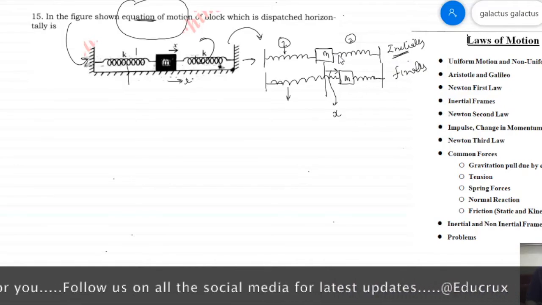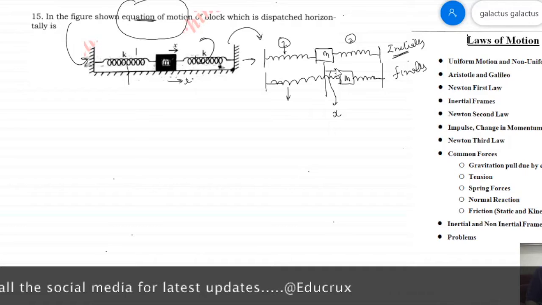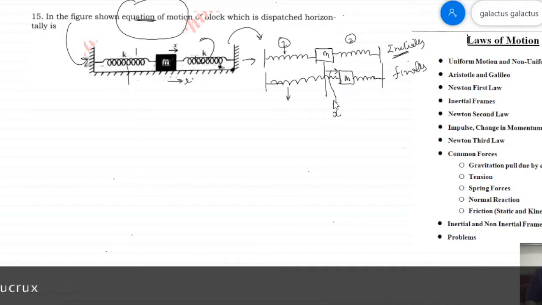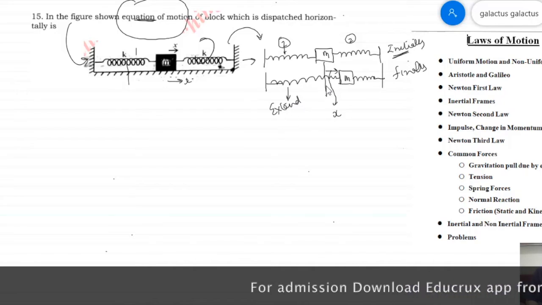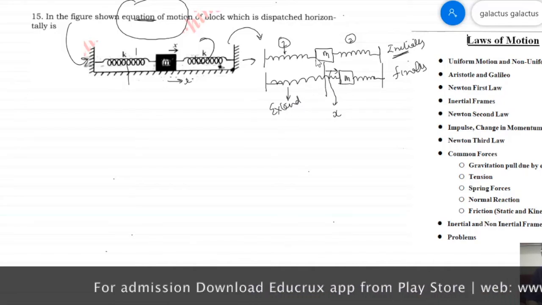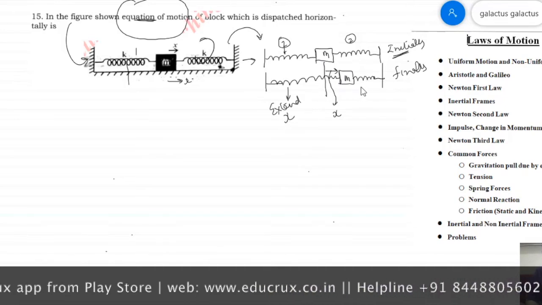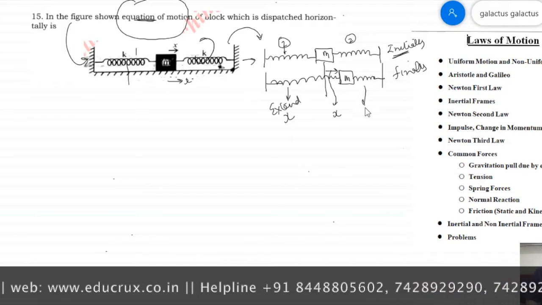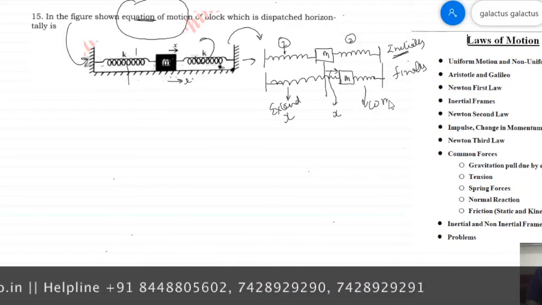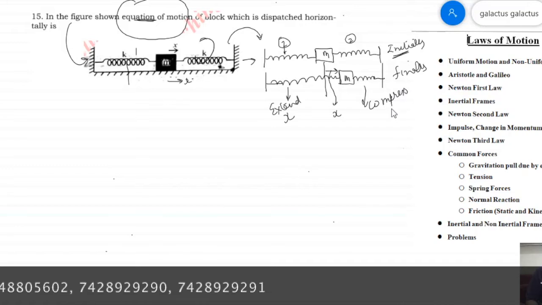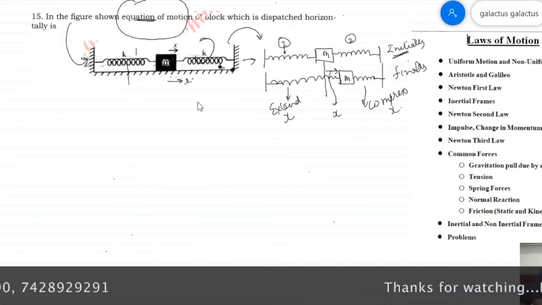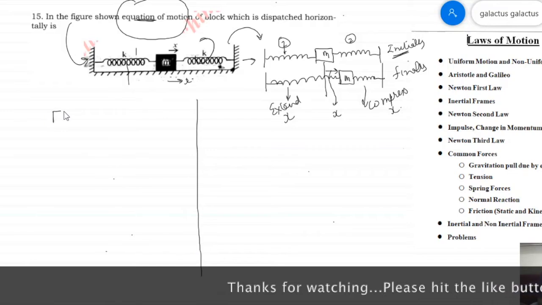As soon as we displace this mass by a displacement x, spring 1 will extend by a distance x, and spring 2 will compress by a distance x.